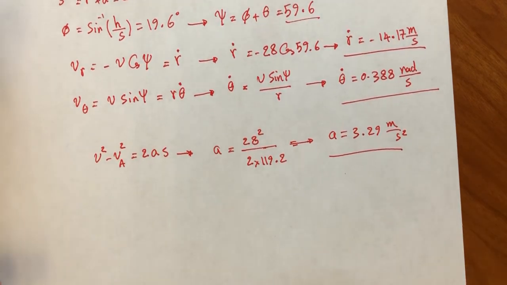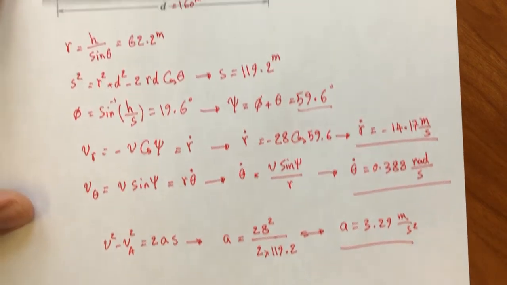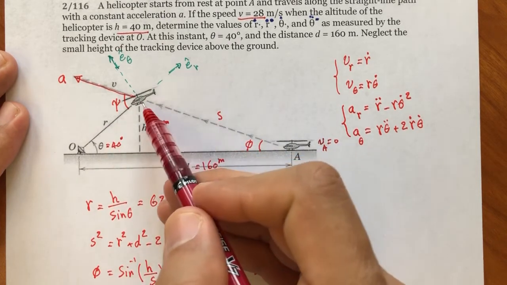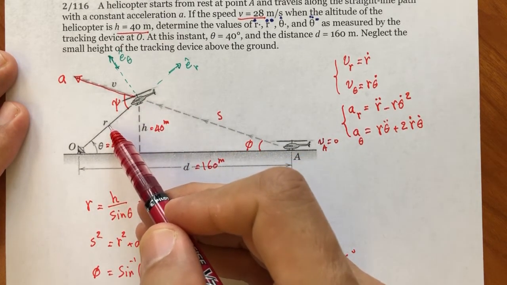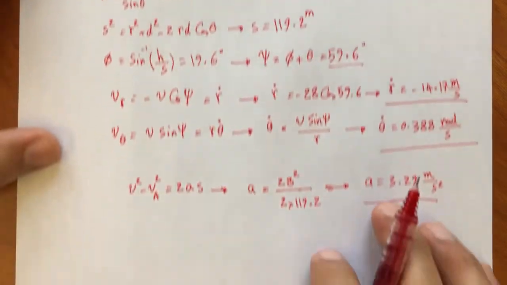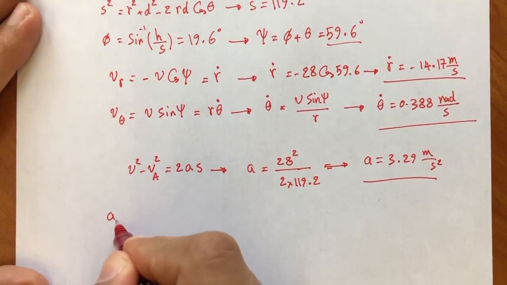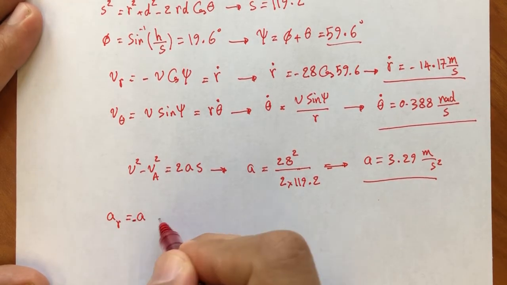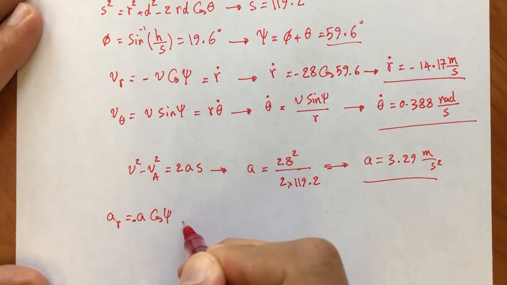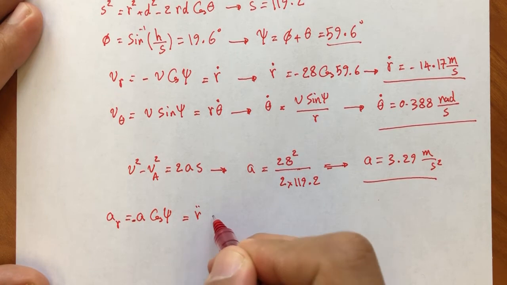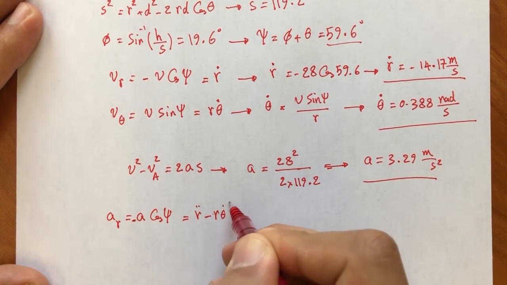Now, after finding acceleration, I'm going to be able to find acceleration in the radial and theta direction. The projection of the acceleration in the radial direction, first of all, is going to be in the negative direction, so it's negative, and the value of it is going to be a times cosine of psi. So AR is equal to negative acceleration times cosine of psi, which is equal to r double dot minus r theta dot squared.